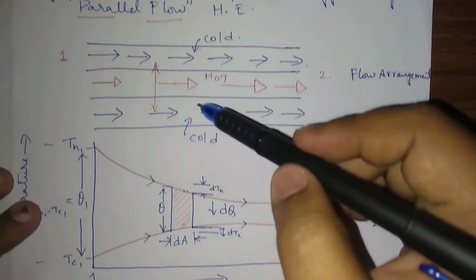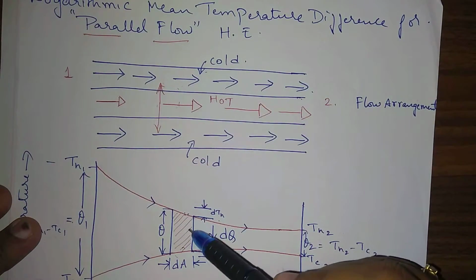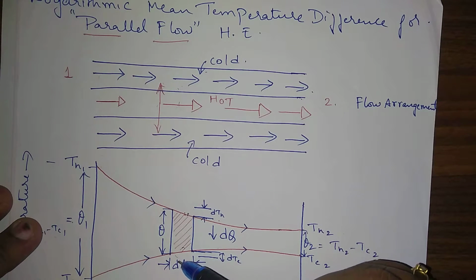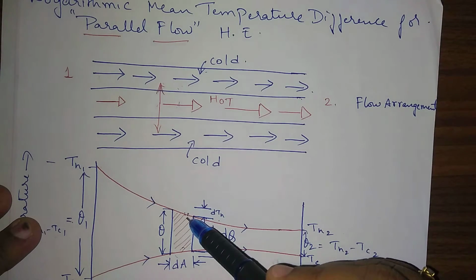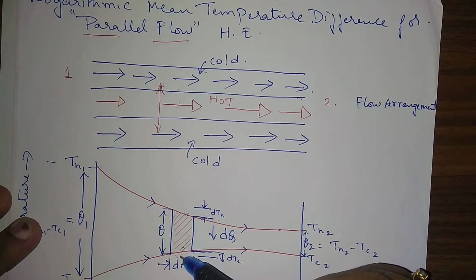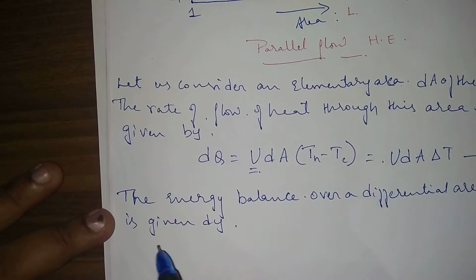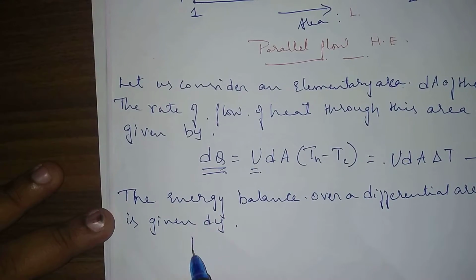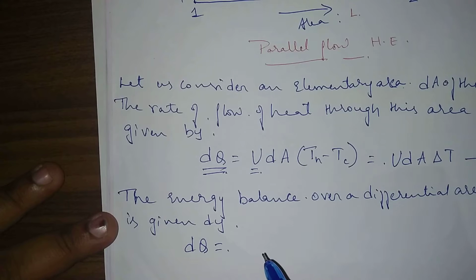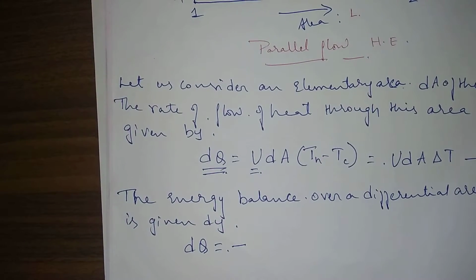The small heat in this small differential area is transferred from the hot fluid to the cold fluid, because of which that much amount of heat is lost by the hot fluid, which is equal to the heat gained by the cold fluid. Do you agree with me? Correct. So how do we write this equation? This dq is equal to what? Heat lost by the hot fluid means minus comes into the picture. So what is the amount of heat being lost by the hot fluid? Can you tell? This is the energy balance.